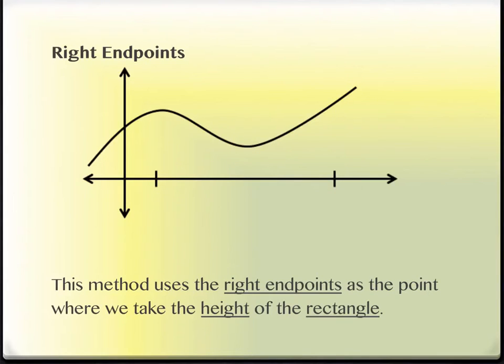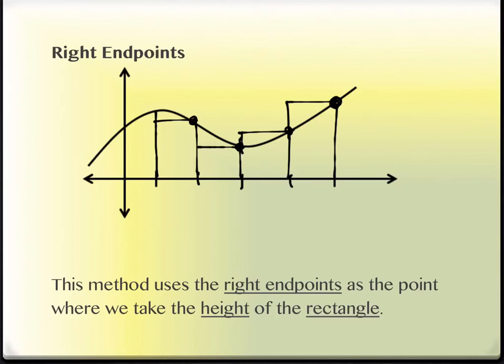And this form repeats itself exactly when we look at right-hand endpoints. So over here with my right-hand endpoints, my picture looks a little bit different. I'm splitting it into the 4 pieces, again, for visualization purposes. But I'm using the right-hand endpoints now. I'm just going to start from the right because it makes it a little bit easier to think about. Then I use the next rectangle to the right, the 3rd rectangle, and then my 4th rectangle.